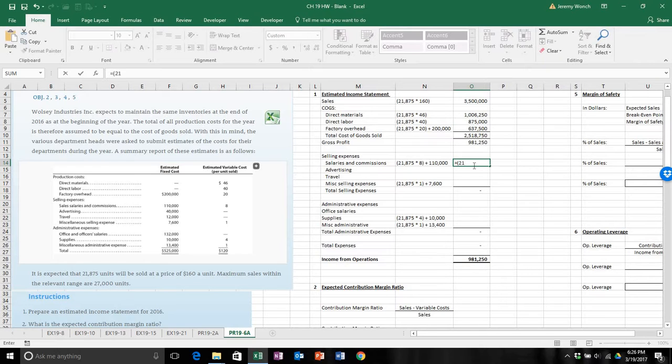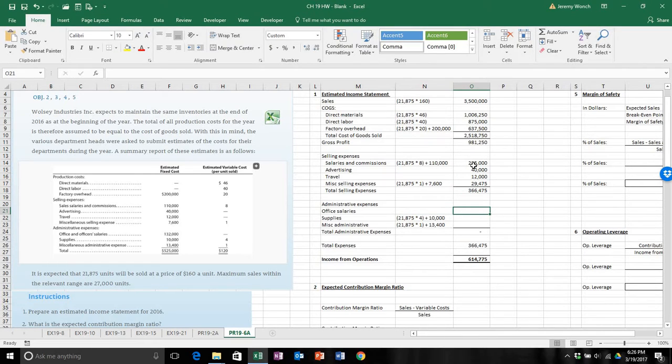That's going to be fixed and variable as well. Total advertising cost is just fixed at 40,000. Travel costs are fixed at 12,000. And our miscellaneous $29,000.